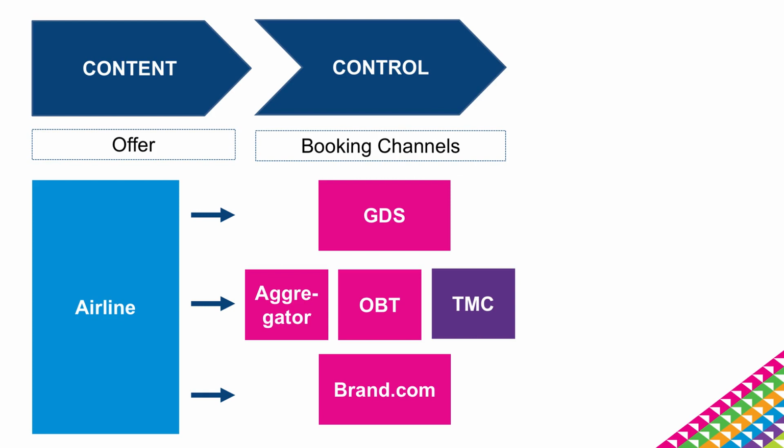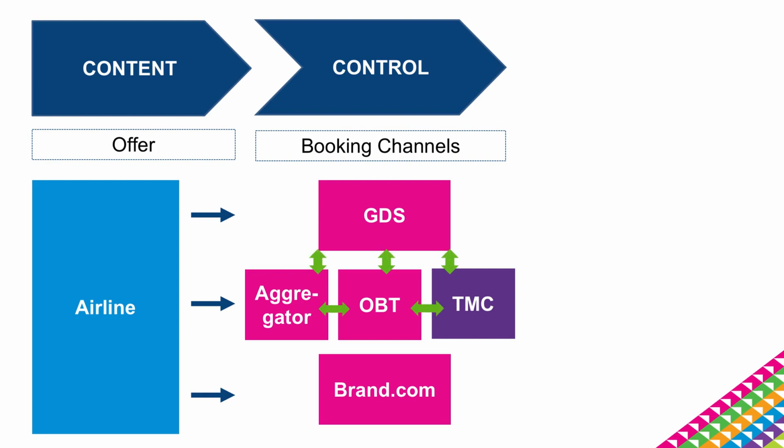And typically, TMCs have traditionally relied on GDSs for services, products, and rates in order to serve the business travelers and organizations. So GDS is the primary tool they are using to book. Why is it in a different color? It's simply because it's not an IT provider, it's a service provider, but yet it is still an intermediary.